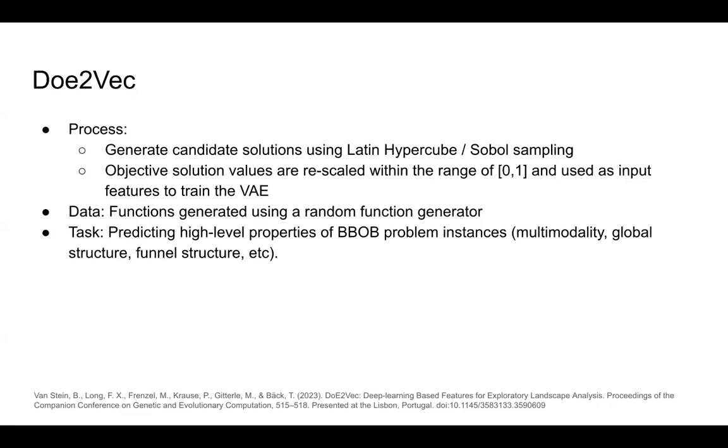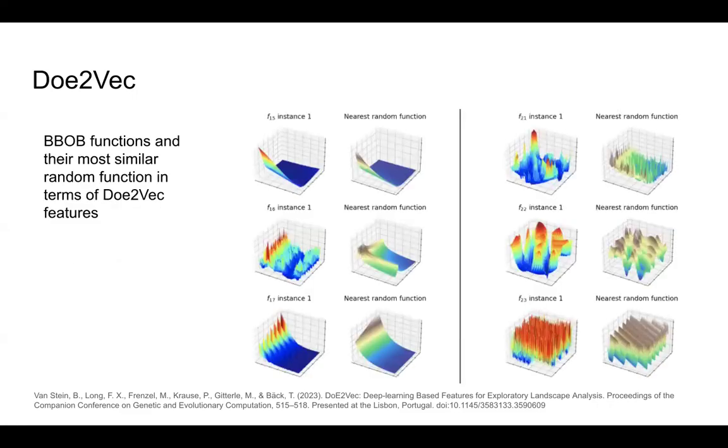And then you can basically use the trained autoencoder to produce embeddings for different functions. And this has been tested for predicting high-level properties of the BBOB problems, such as multimodality, global structure, etc. And these are some nice visualizations that they got.